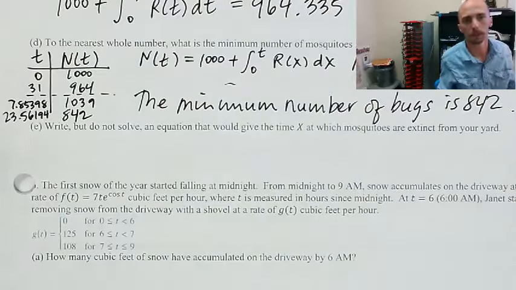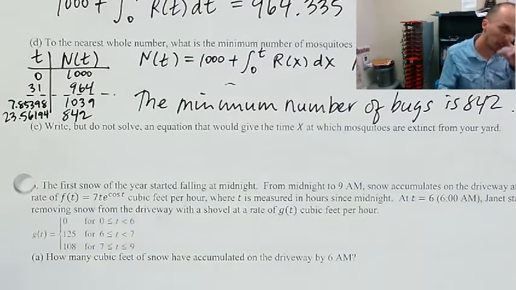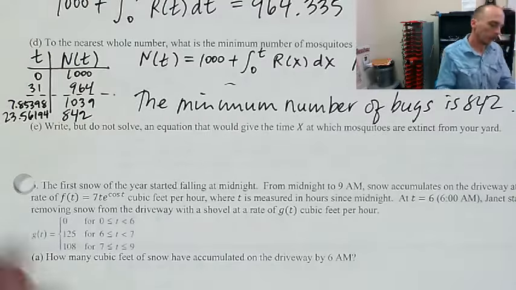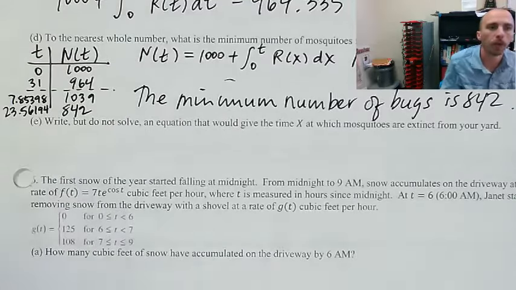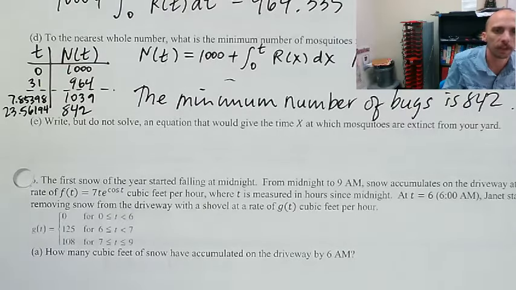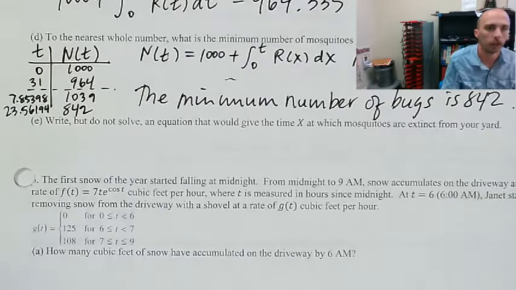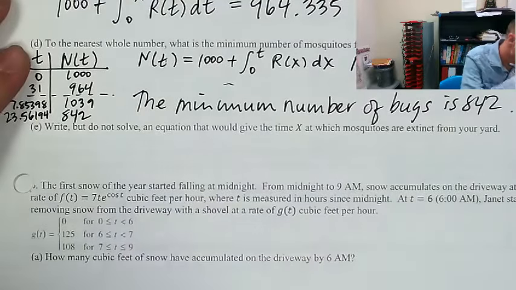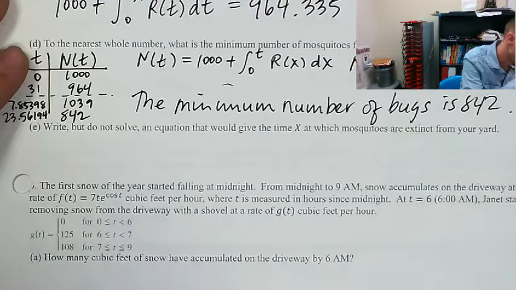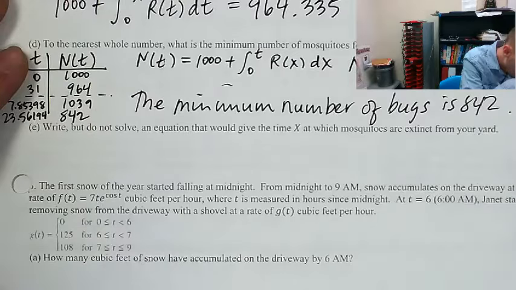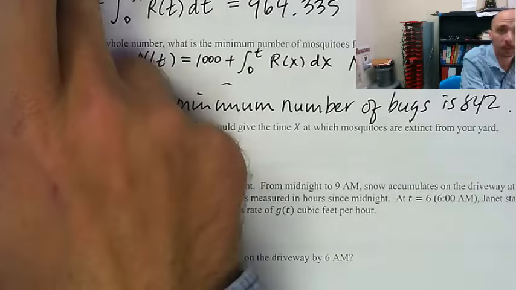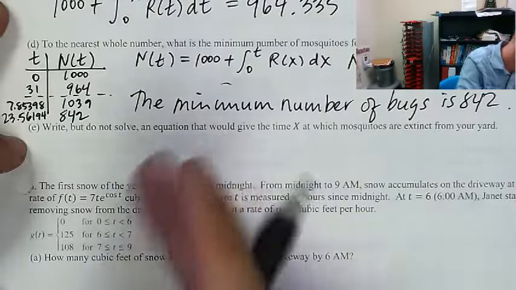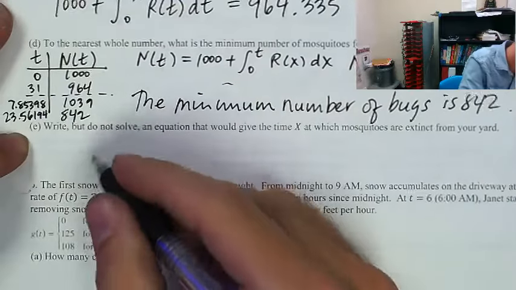Okay, I wasn't going to be able to fit the word mosquitoes into where I had room for it, so we're with bugs. Write but don't solve an equation that would give the time x at which mosquitoes are extinct from your yard. Okay, so let me think. Oh, I see how that's going to go. Would eventually happen.